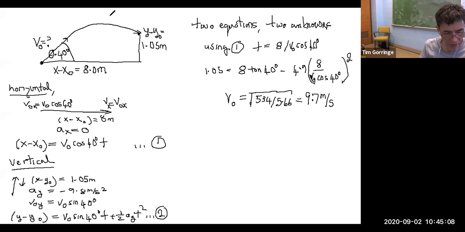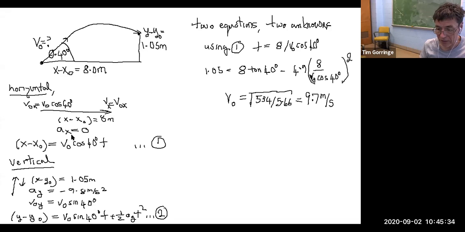The first steps are the more physics steps. I analyzed the horizontal motion over here on the left-hand side to write out an equation for the horizontal displacement that we know in terms of the unknown velocity. And so we wrote down that equation.